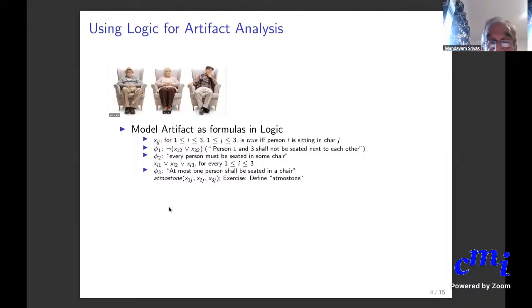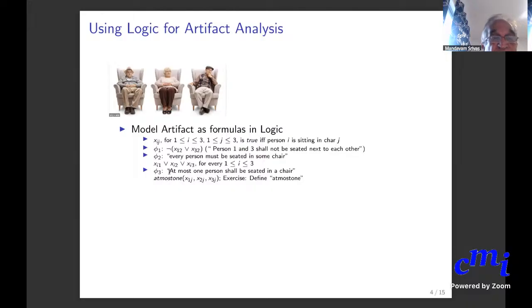So this is the idea, okay? And the other key point that I'm trying to make is that when you model these things, you have to take care. Whereas the constraint phi 1 is the real constraint, certain other constraints will have to be thought through carefully as well. One can easily miss certain trivial constraints.